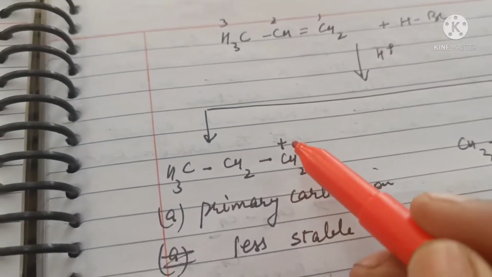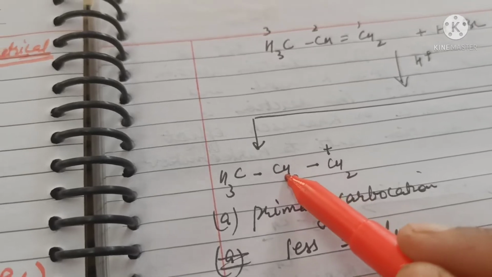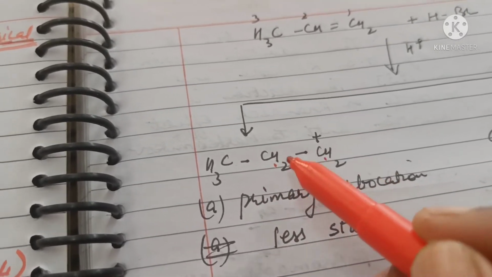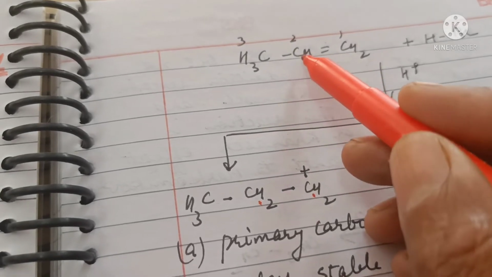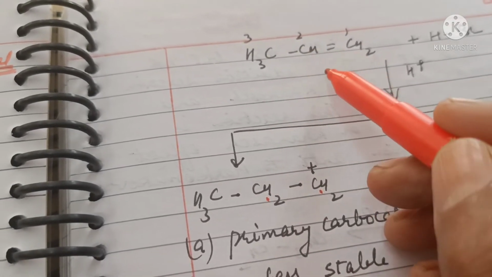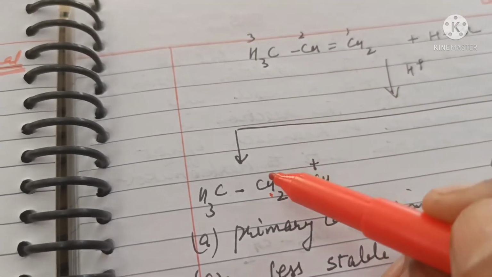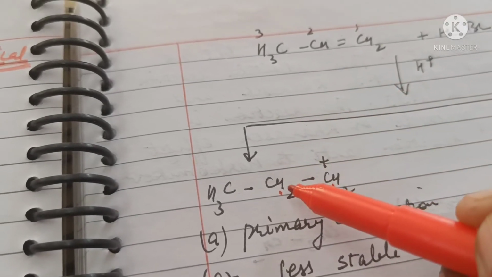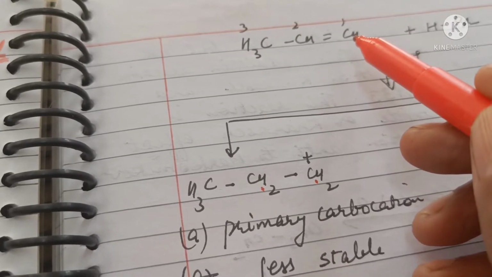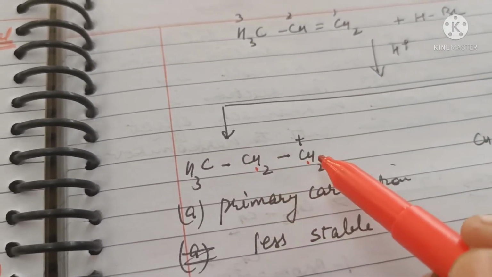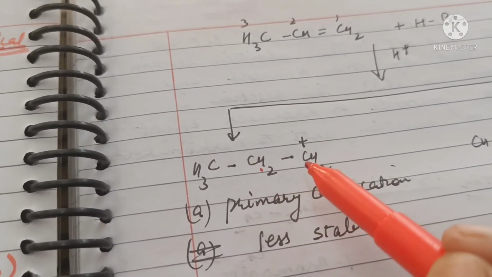Either H gets attached here and the positive charge comes here: the electrons of the double bond move here, and because they move here, H will also get attached here. From CH it gets converted to CH2, and because electrons have moved from here, this carbon gets the positive charge. So this is one possibility.